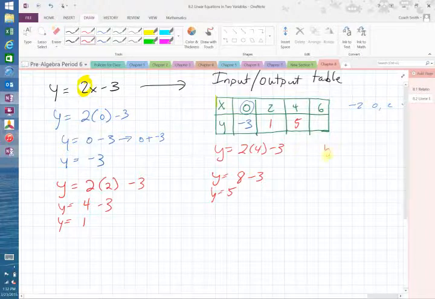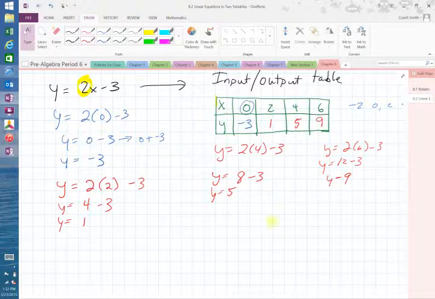Then the last one, y is equal to 2 times 6 minus 3. That would be y is equal to 12 minus 3, which is y equal to 9. Okay? Now, we have to graph that.